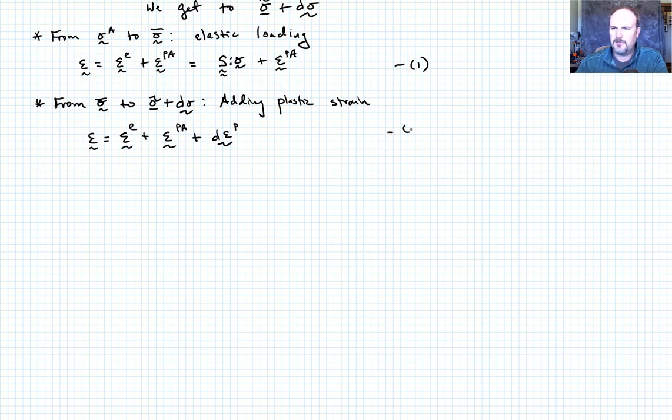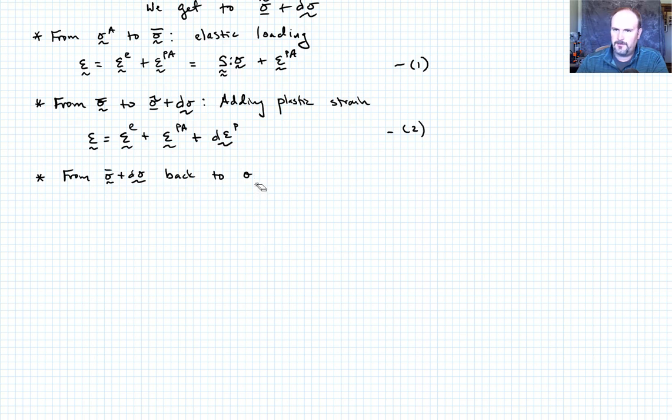Okay, we'll call that equation 2. And then we have the unload now from sigma bar plus d sigma back to sigma A.